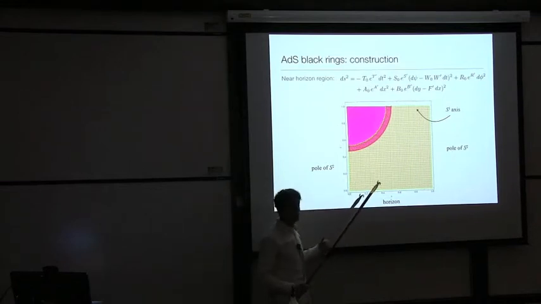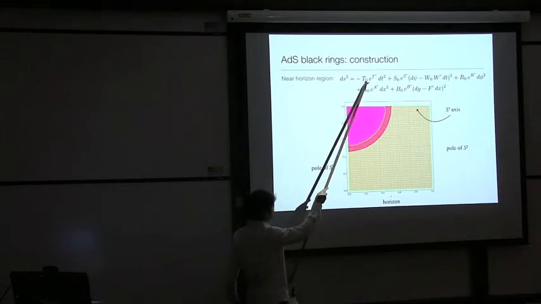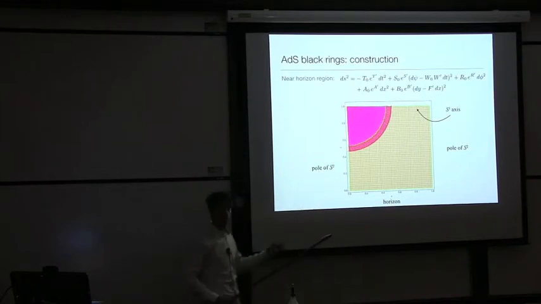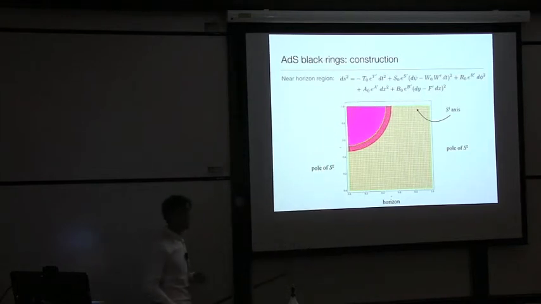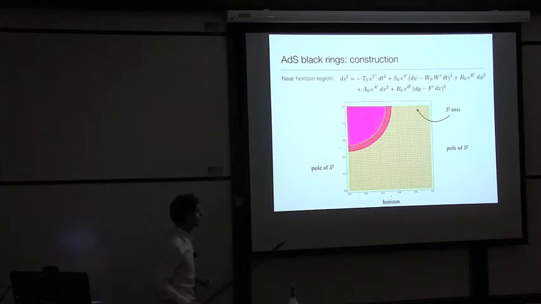Because we want to cover the near horizon geometry of a ring, we use the actual values of the functions for the known asymptotically flat ring. These are all the functions with subscript zero, like T0, which is an analytically known function of the asymptotically flat ring. So we essentially address the asymptotically flat ring.